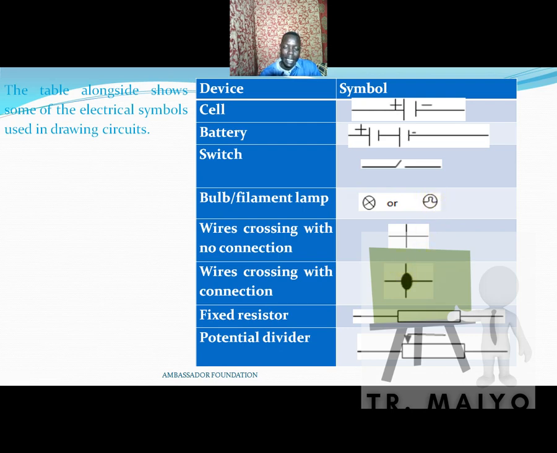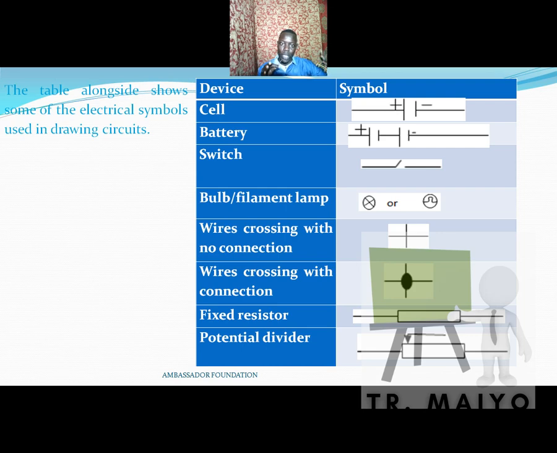Then when we proceed higher in our current electricity too, we will be connecting using very many wires because we are going to engage many electrical appliances. So at some point wires will cross each other, and then we have two wires crossing. It can either be that the wires are crossing with no connection, like on a road, where another one is going down, you know, we have a flyover, another one is going up the flyover without any connection.